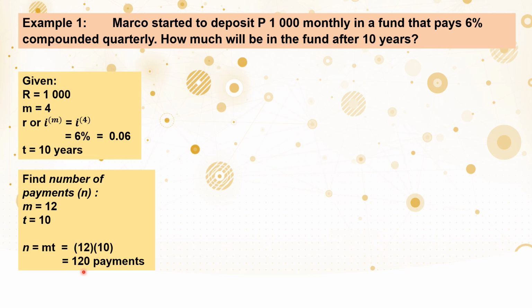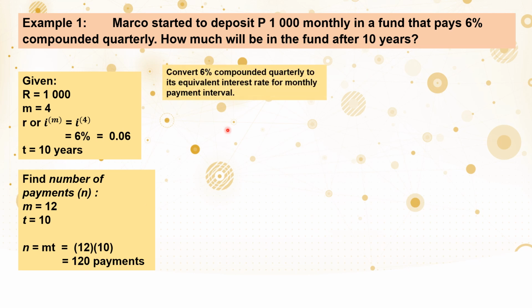Sa ating formula, merong J. Kailangan nating mahanap yung value ng J. To find the value of J, let's convert 6% compounded quarterly to its equivalent interest rate for monthly payment interval.